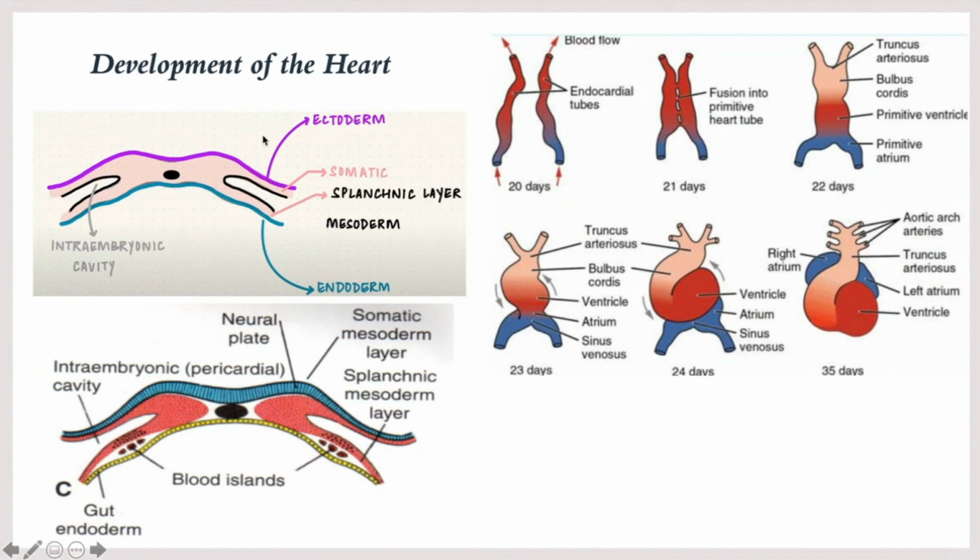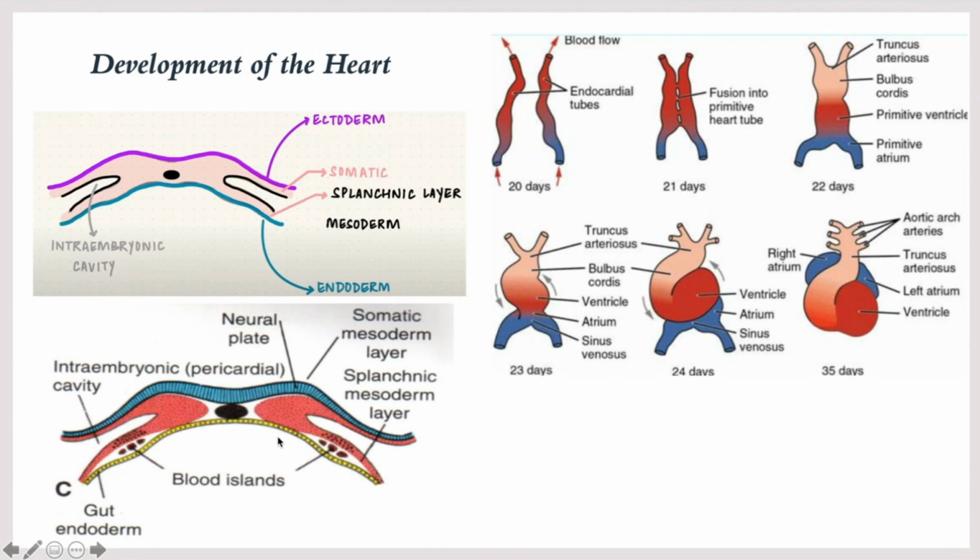So this forming of the intraembryonic cavity is going to split the mesoderm further into the somatic region at the top and the splanchnic layer at the bottom. Now the heart is going to develop in the splanchnic layer at the bottom. And what it's going to do first is it's going to start off as clusters of cells.